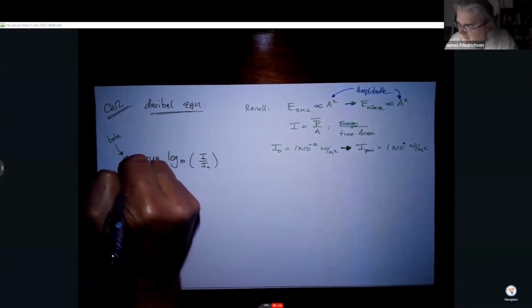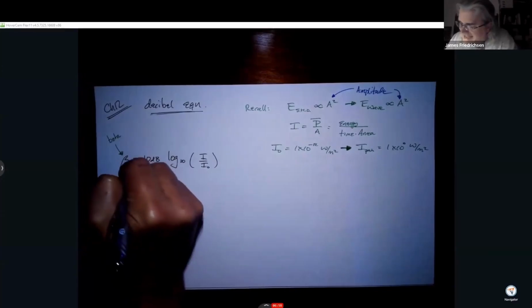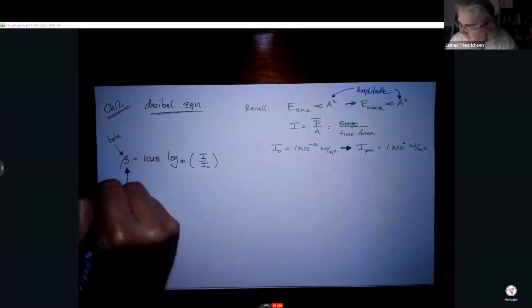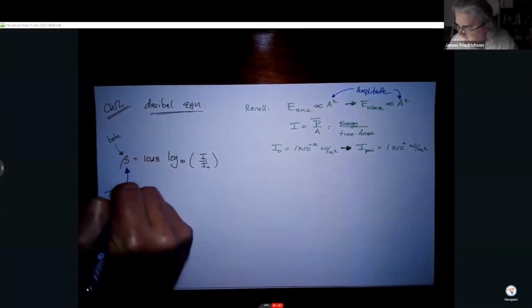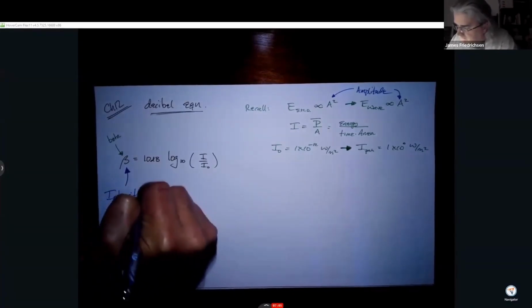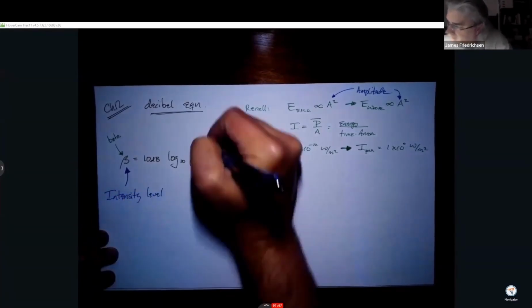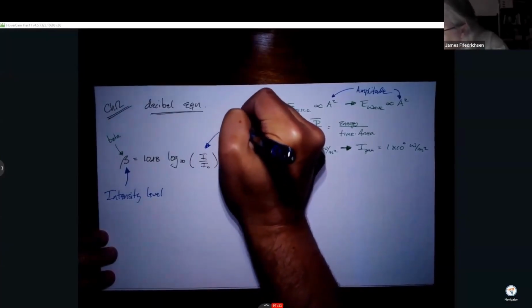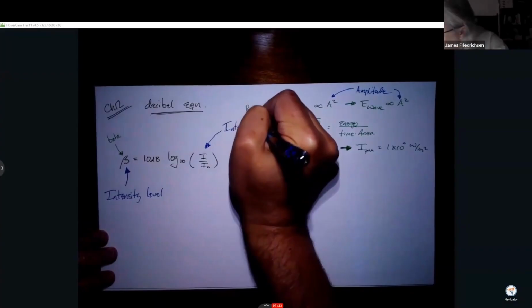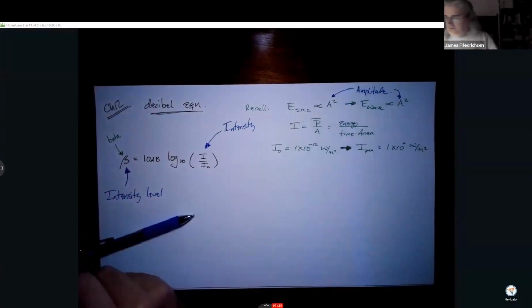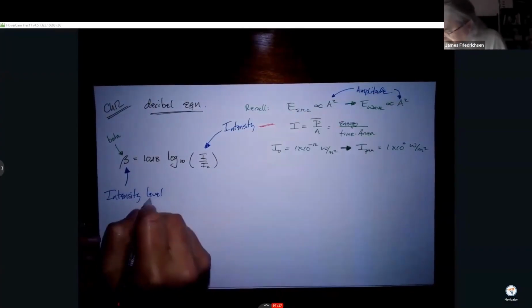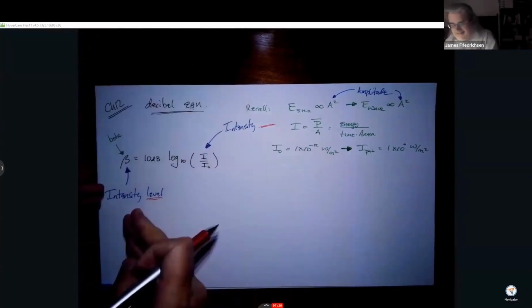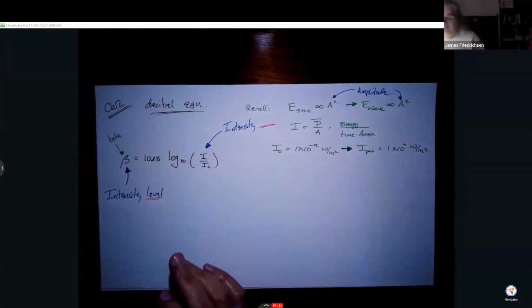You have to be really careful with the nomenclature here, because the I is our intensity, and beta is the intensity level.